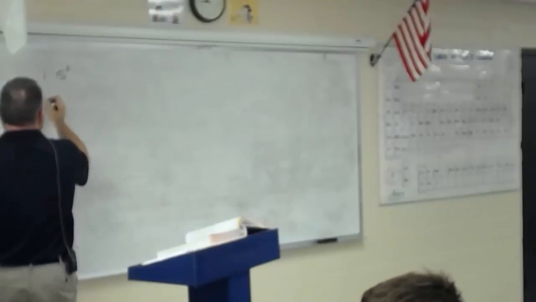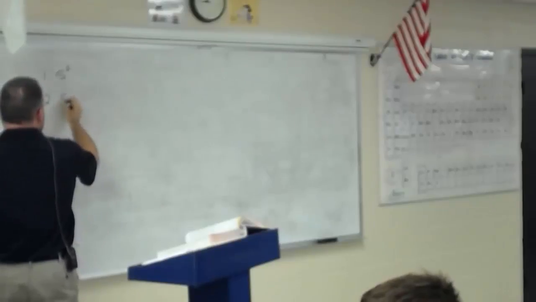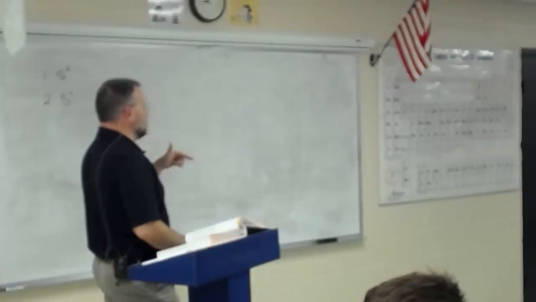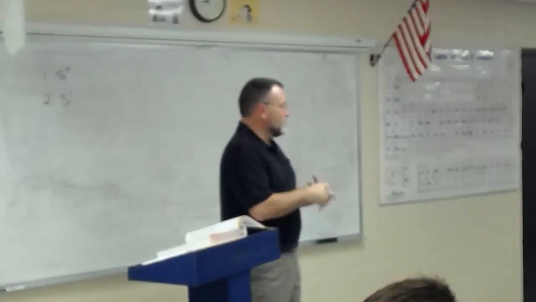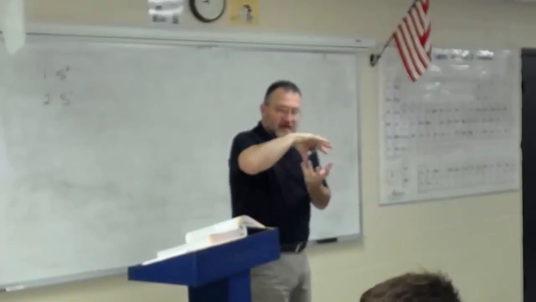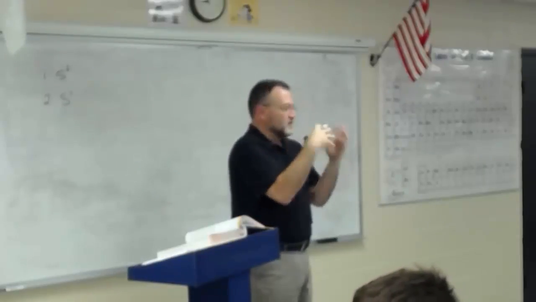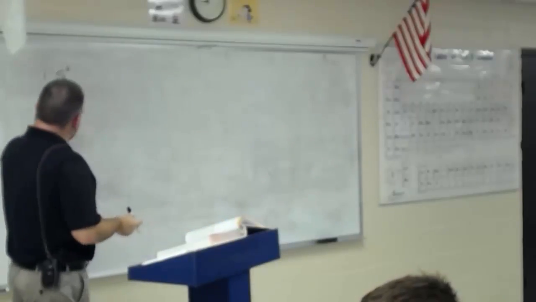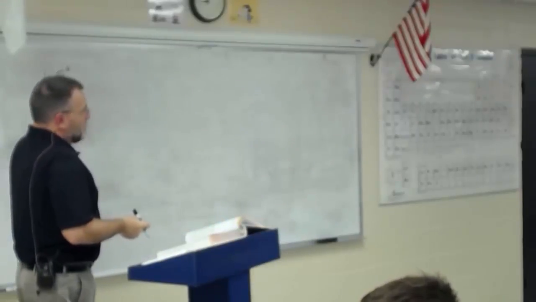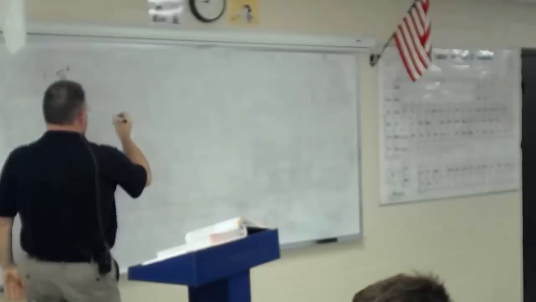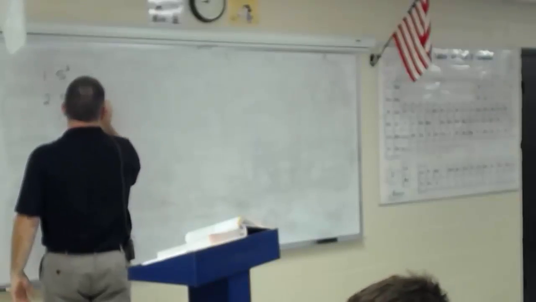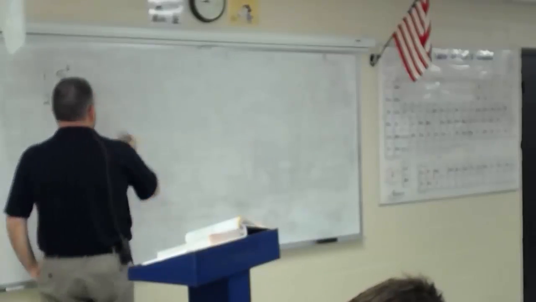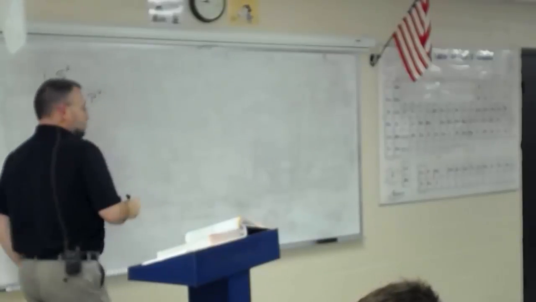The second energy level has its first orbital, which is also an s orbital, s orbitals being that beach ball, solid, that sphere of where the electron can be. The second energy level has s orbitals, but it also has 3 p orbitals, and each orbital can hold 2 electrons, so it has a total of 6. Okay.